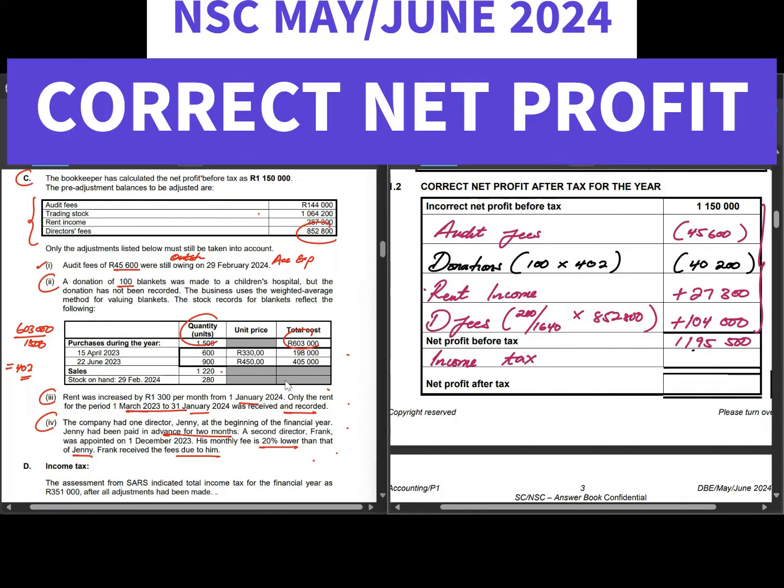So on your income tax, we are told here the assessment from SARS indicated total income tax for the financial year as 351 after all adjustments were made. So I'm just coming here to say minus 351,000, and then I close my bracket. Therefore, I'll end up with 844,500. That becomes my net profit after tax.